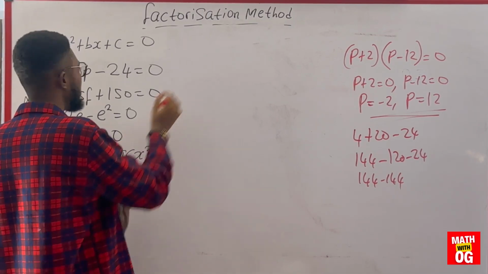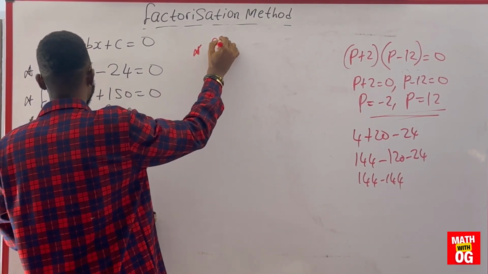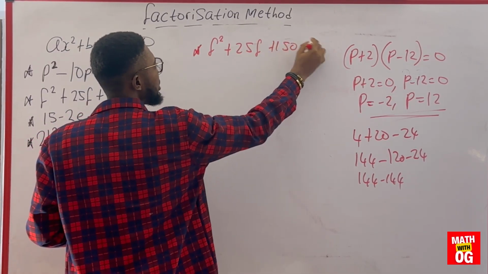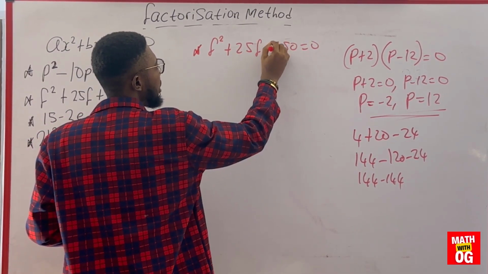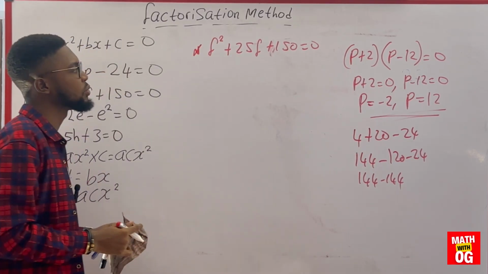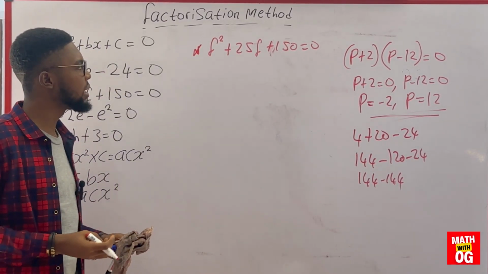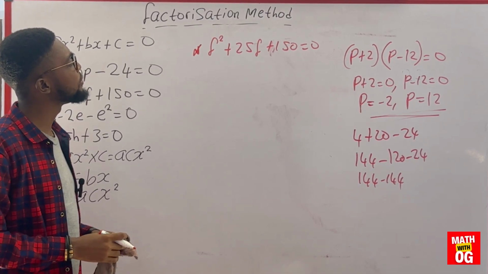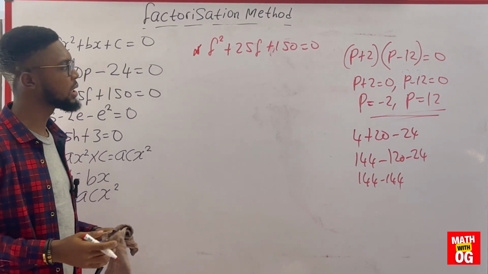Now for the next question, we are given f squared plus 25f plus 150 equal to 0. Now we're going to multiply f squared by 150, that's 150 f squared. We need two numbers that when you add them up, give you 25, and when you multiply, give you 150. What are the numbers?